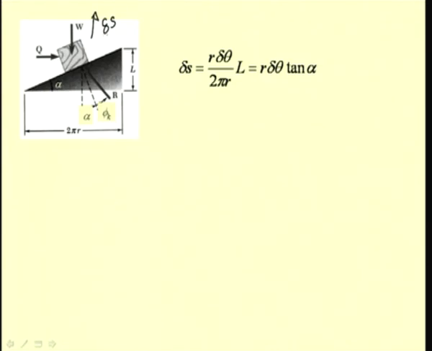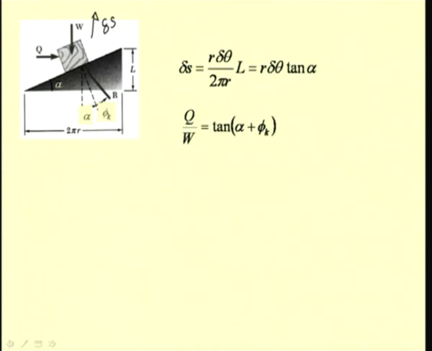This delta s is equal to r delta theta divided by 2 pi r times L, because we know that if the screw rotates for one complete rotation, that is 2 pi r, the load is raised by a distance L. So, if the screw takes a rotation of r delta theta, then this is the virtual displacement, or it is equal to r delta theta tan alpha.